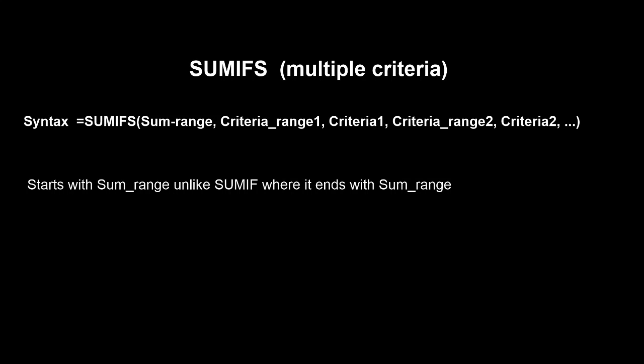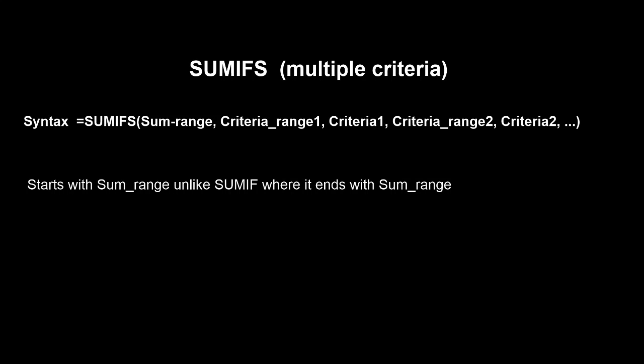So our syntax: equals SUMIFS, then we have our sum range, we have our criteria range 1, and then the criteria. We have a criteria range 2, and then the criteria, and it can go on and on. We can have multiple criteria.